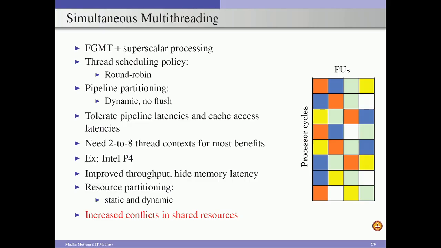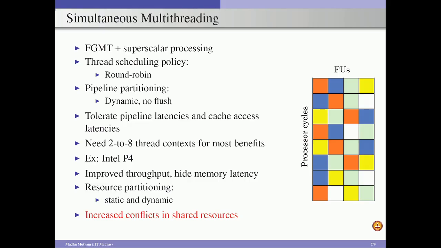So, as a result, we can minimize the resource wastage significantly, and the overall performance can be improved by using this simultaneous multithreading. Simultaneous multithreading can improve the throughput significantly, and it hides the memory latency. Even if we are incurring an L3 cache miss, we can hide the latency by servicing a request from different threads.